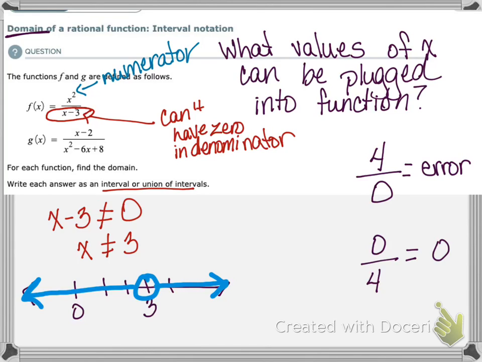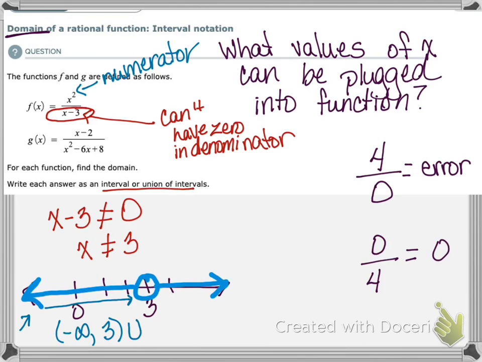So when I write this in interval notation, I have to start at the furthest most part of the number line. So interval notation starts with negative infinity. Then I am able to go all the way up to positive 3, but I'm not including positive 3. That's why I have a parentheses there. A parentheses means that that number isn't included.